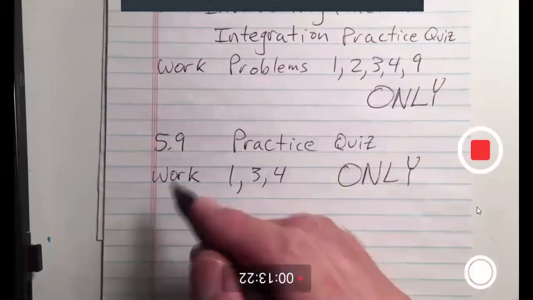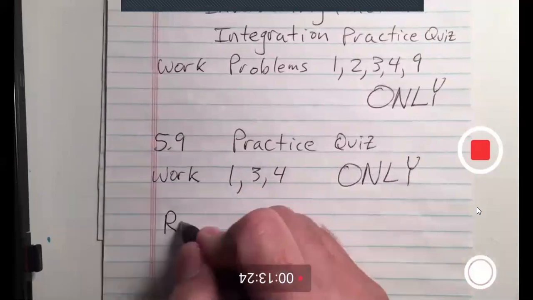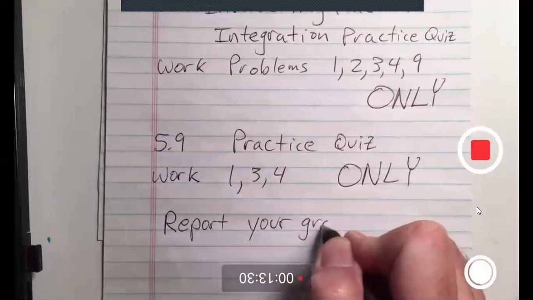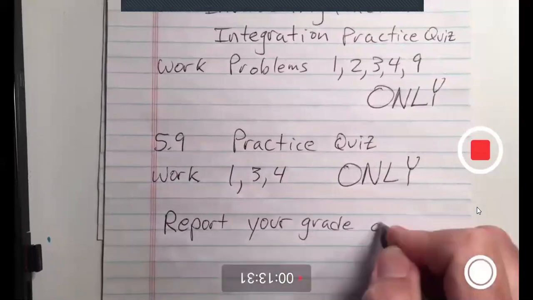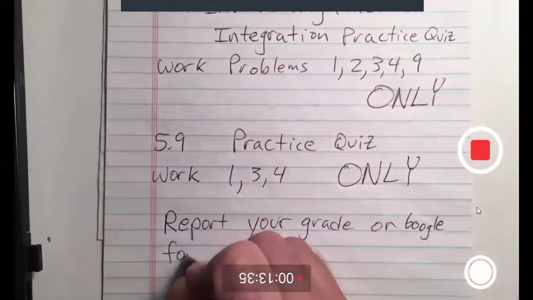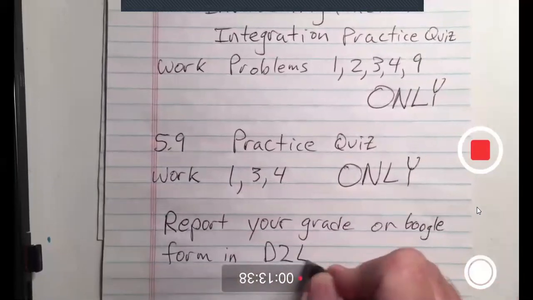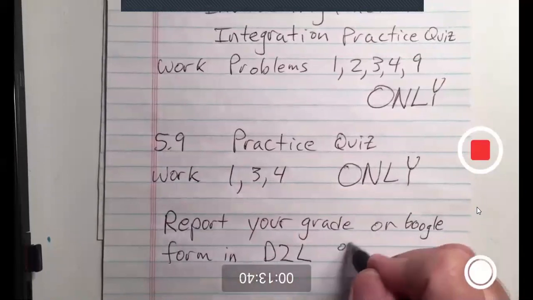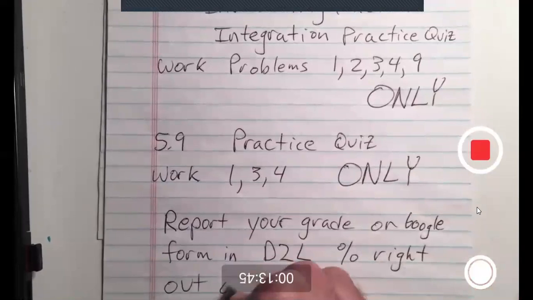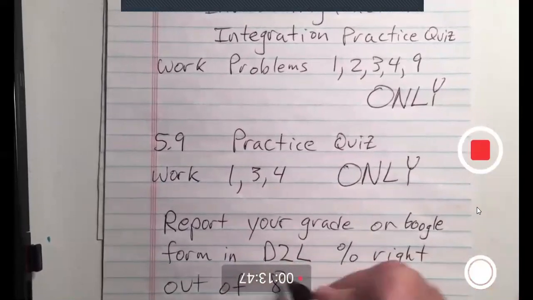Report your grade on the Google form in D2L. On the Google form in D2L, the percent right out of 8 problems.